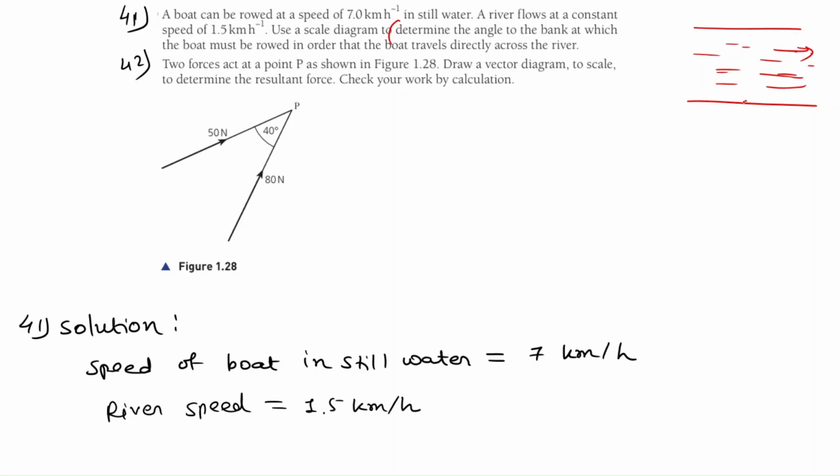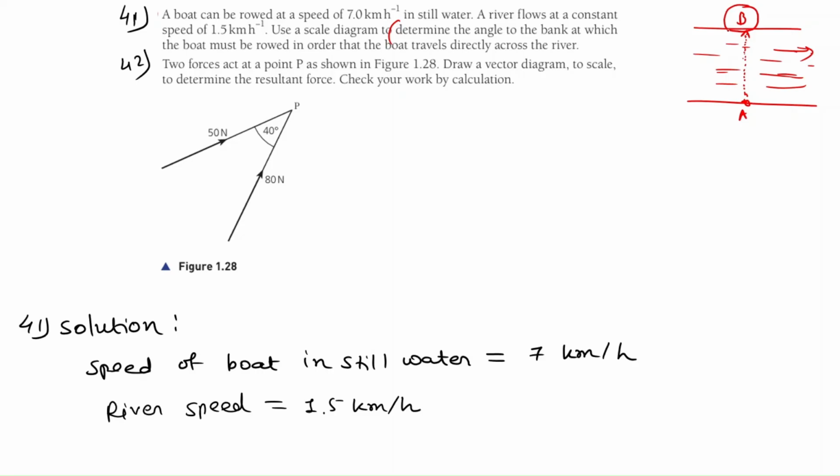We have to find that angle, and from that angle we can move further. The boat goes straight from point A, and this is point B. They ask which angle we should go so that we reach exactly point B.